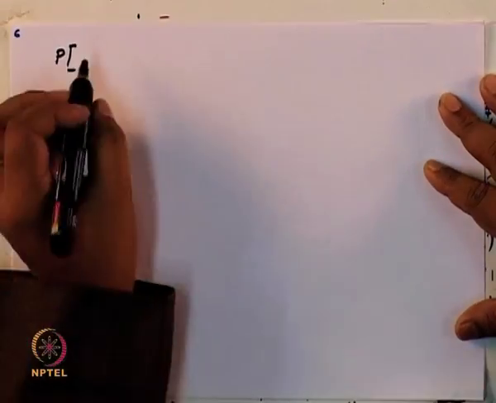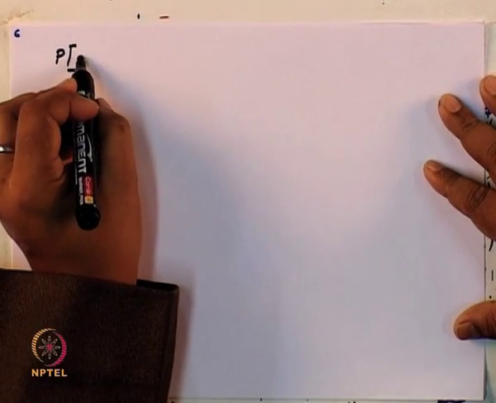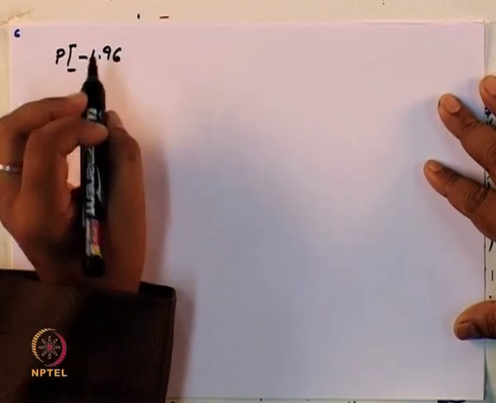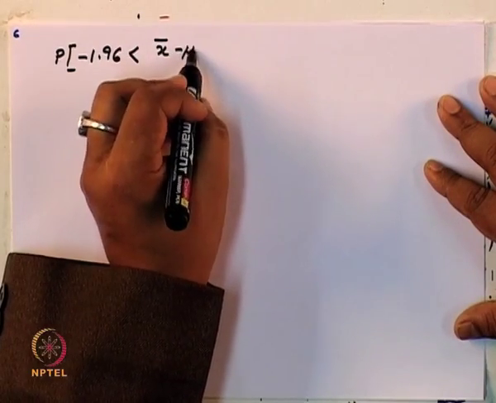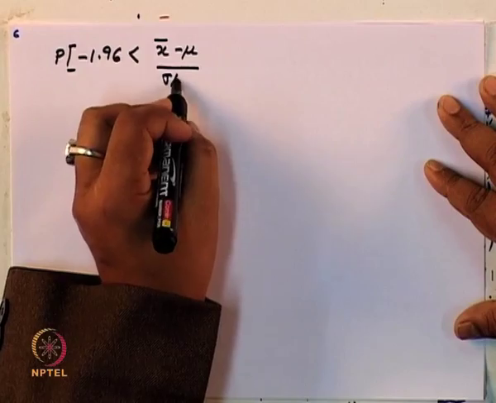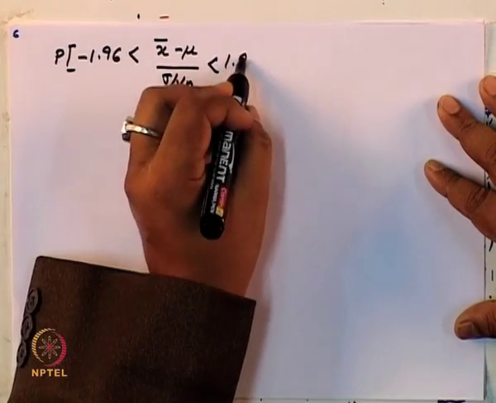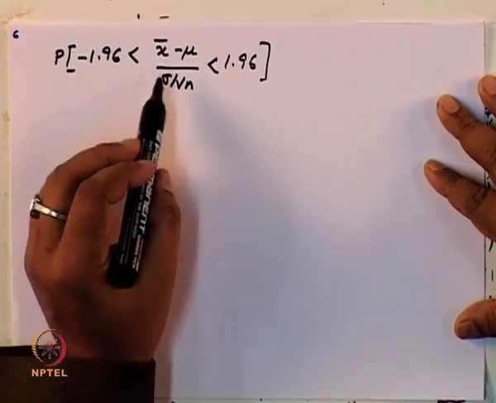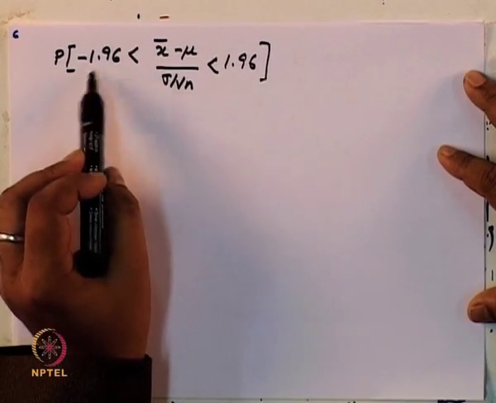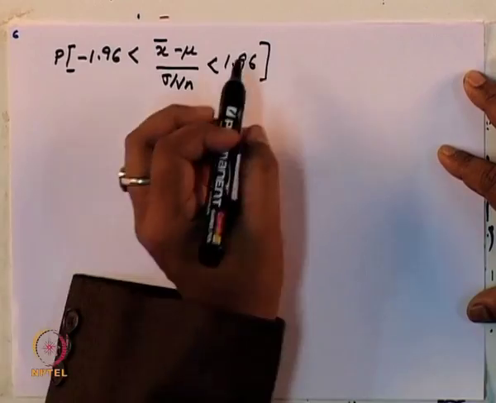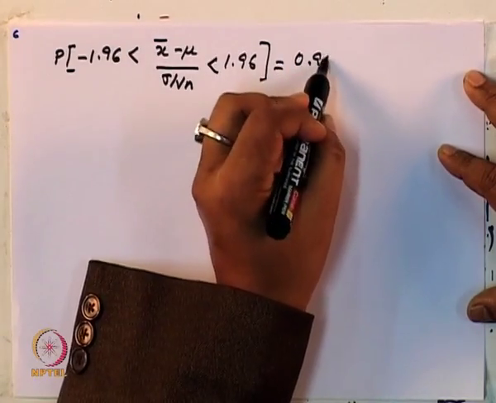So I can write down this statement: if we are dealing with a sample mean, the probability that your standard normal variable lies between minus 1.96 and 1.96 is 0.95.